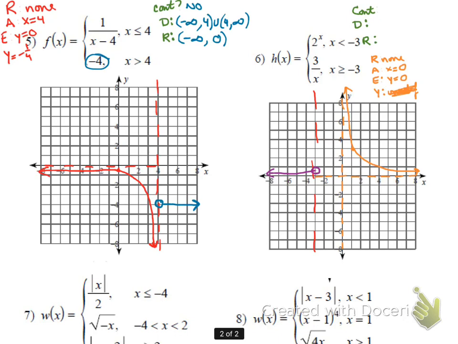So I have the point (-3, -1), and that is a closed point. Okay, and that is on that line, because remember, we're allowed to touch those lines. We're just not allowed to touch the asymptotes. And it's going to follow my asymptotes down, like something like that. And there's our graph. Is this continuous? No, we definitely picked up our pen.